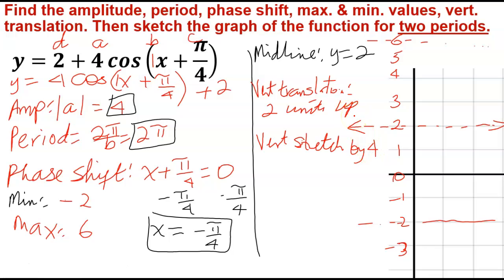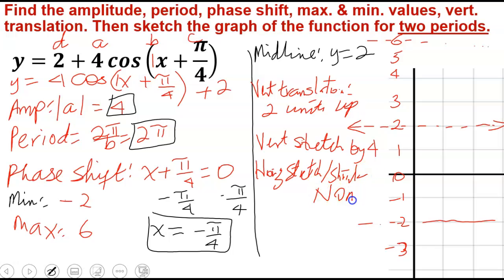And then horizontal stretch or shrink. B is the horizontal stretch or shrink. Shrink or stretch is always the multiplying part. It is 1, so it's just natural. There's no shrink. For horizontal stretch or shrink, we just write none.